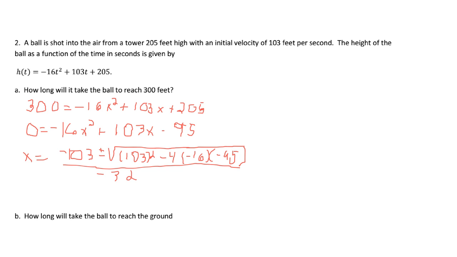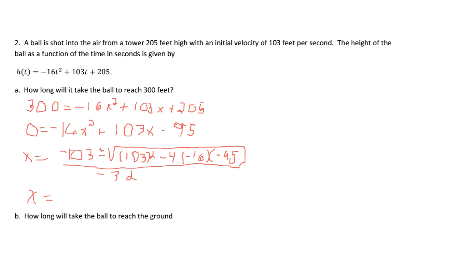Like I said, a lot of calculator work. 103 squared minus 4 times 16 times negative 95. That's 4,529. I'm going to take the square root of that. You get 67.29, so I'm going to get 67.3.